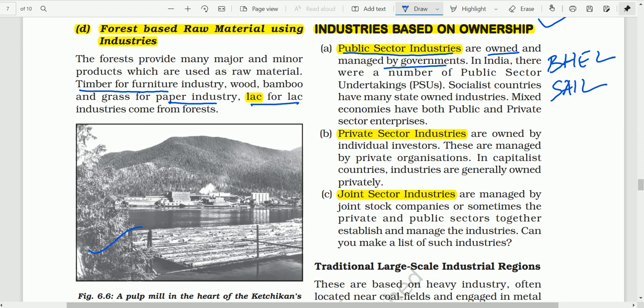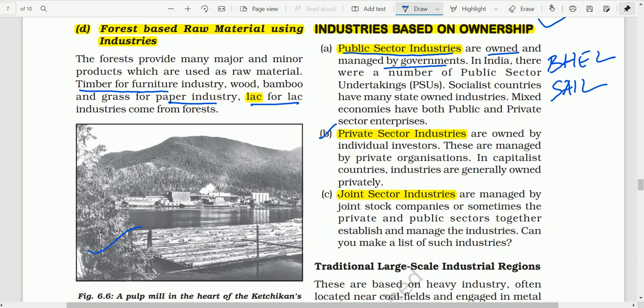Then the second type of industries based on ownership is the private sector industries. So these are the industries owned by individual investors. So these are managed by private organizations. In capitalist countries like USA, industries are generally owned privately. Here in case of India, also we have private sector industries.